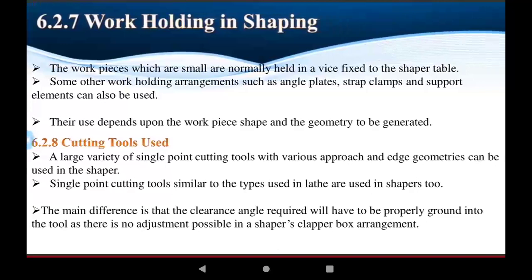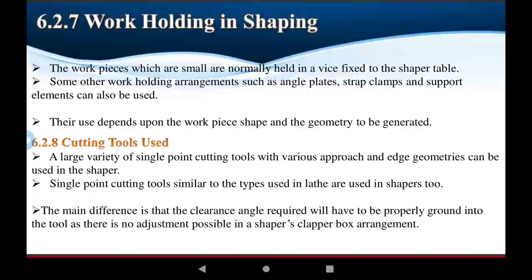Some holding devices are used on separate machines, holding the job on the tables, fixing the jobs. Some other holding arrangements, such as angle plates, stoppers, clamps and support elements, can be used.